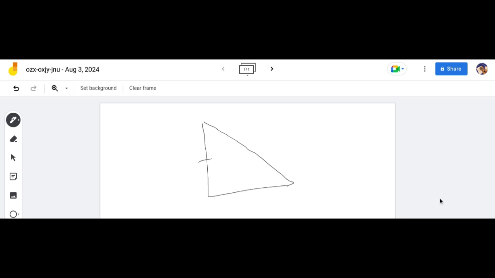These two are similar with each other, but this one is different. This is not equiangular because here the angle is different, here the angle is different, and the sides are also different.